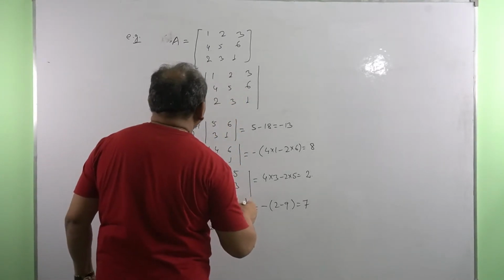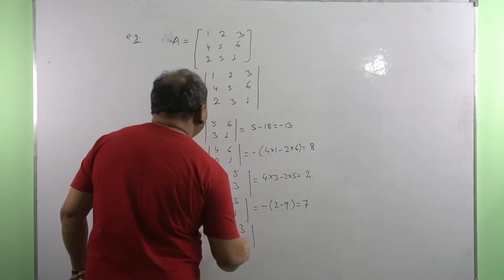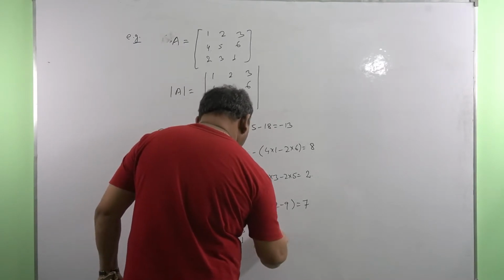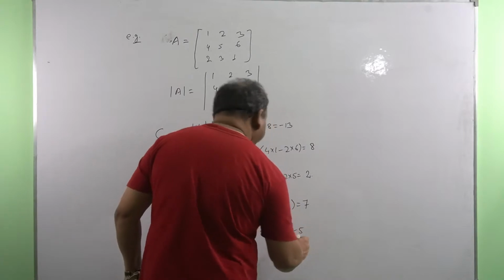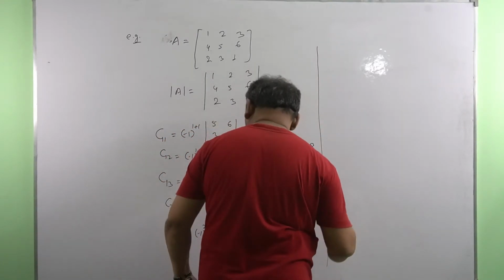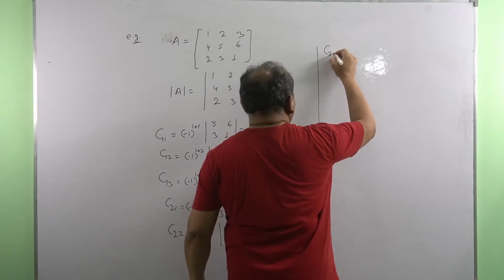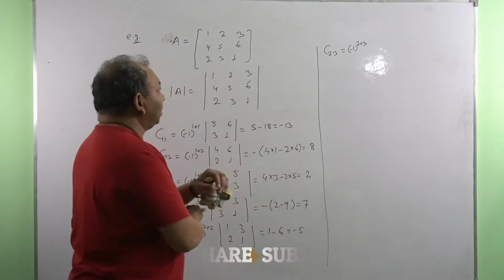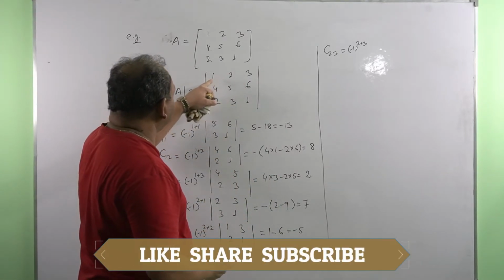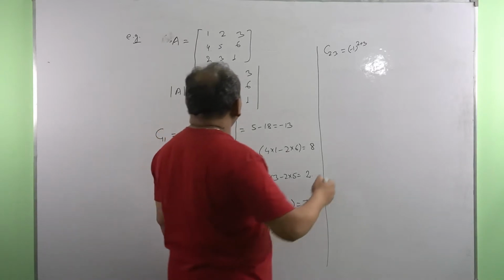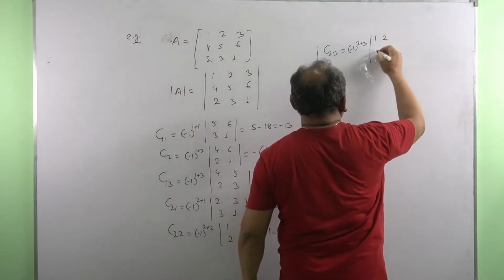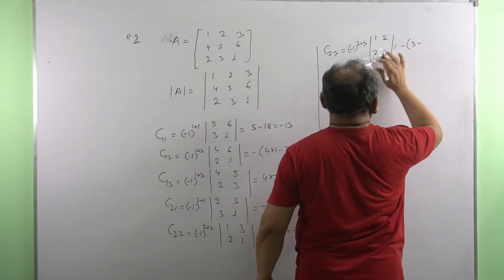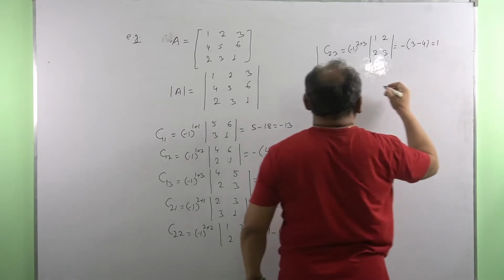We will get the determinant of 1, 3, 2, 1. 1 minus 6, that is minus 5. Now C23. Minus 1 raised 2 plus 3, hiding second row, third column. We will get the determinant 1, 2, 2, 3. Minus of 3 minus 4, that is plus 1.